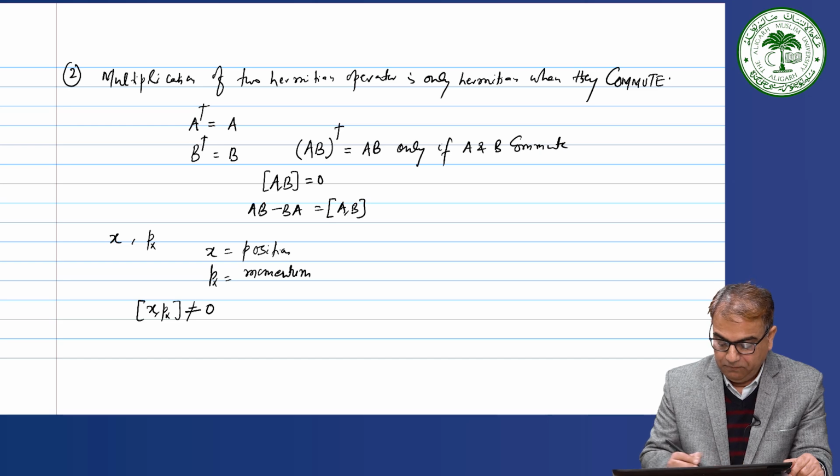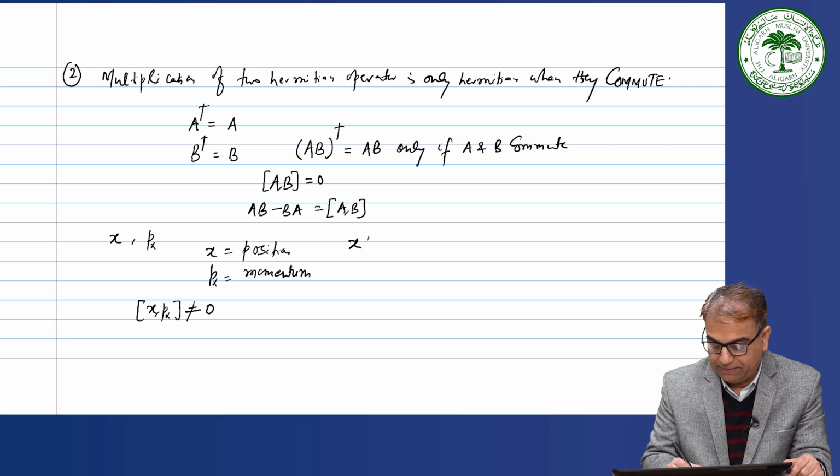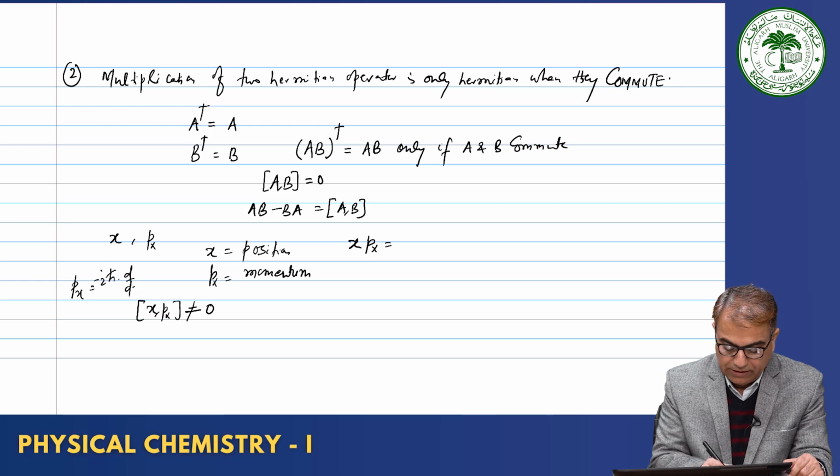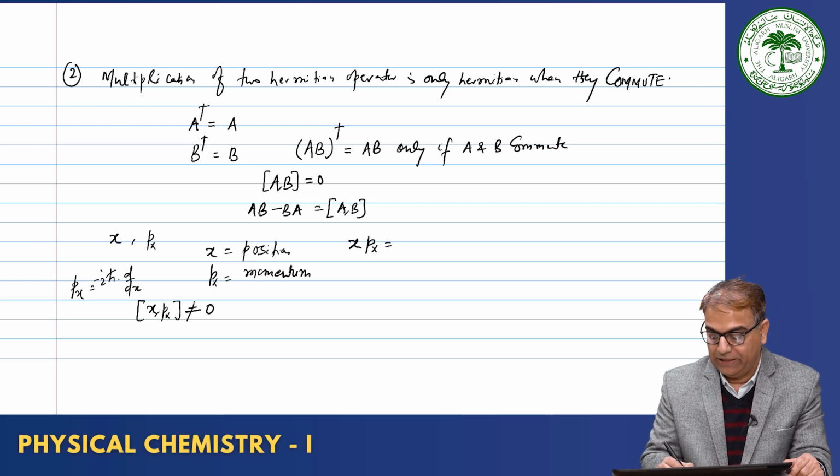What will it be? You can calculate. First you find out x multiplied by Px. Px is actually minus i h cross d dx. So, you write x and then the Px operator, minus i h cross d dx, acting on a function psi.